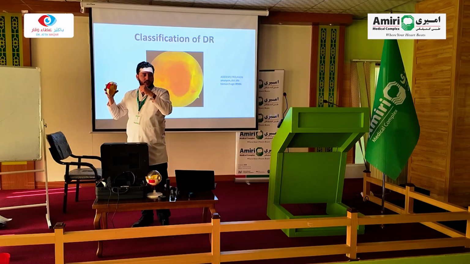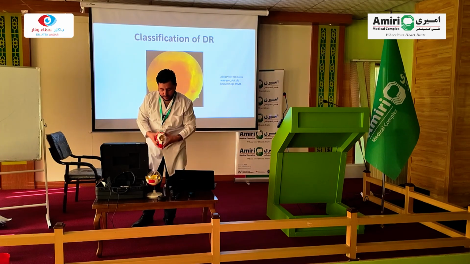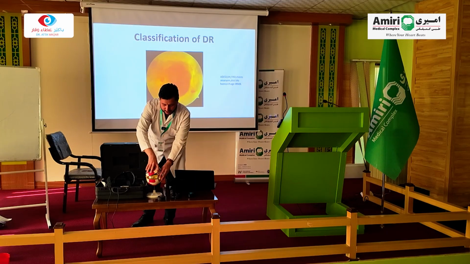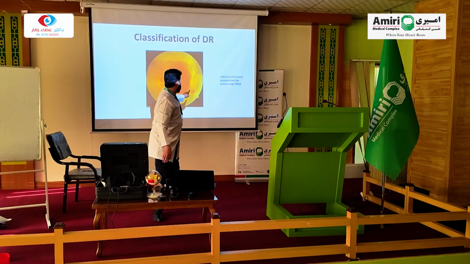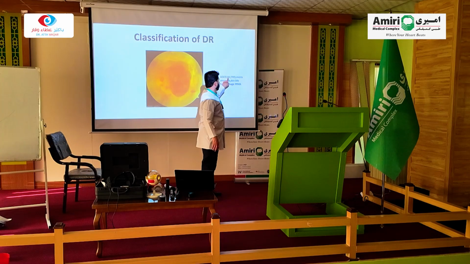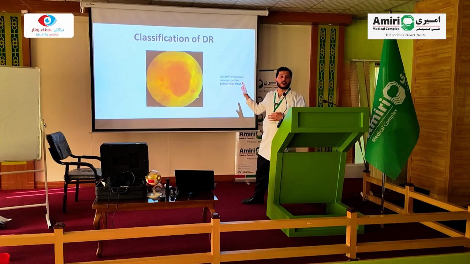Traction will occur. TRD, tractional retinal detachment. We have different kinds of retinal detachment, and one of them is tractional retinal detachment. So this is part of advanced diabetic eye disease, and the management of this patient is different because we are going for surgical retina.